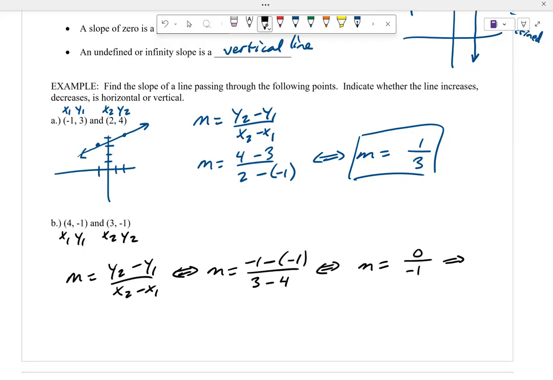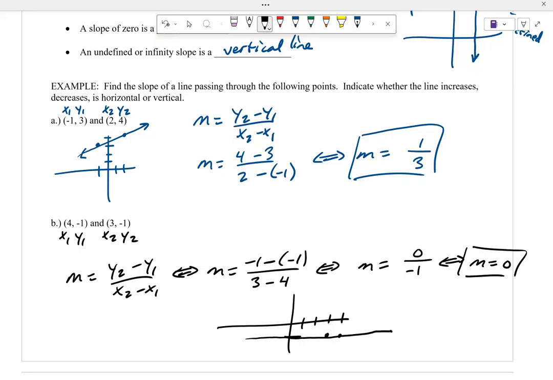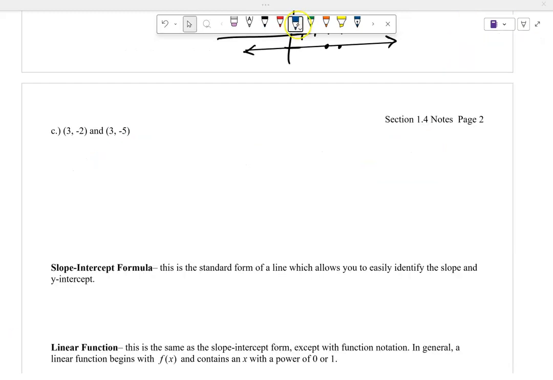Well, 0 over anything is 0. So our slope is 0. You should hopefully have caught that if you graphed it. 4, negative 1, 3, negative 1. If it goes through those 2 points, see how it's perfectly horizontal, right? So this has a slope of 0.